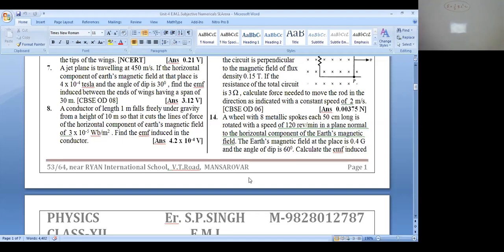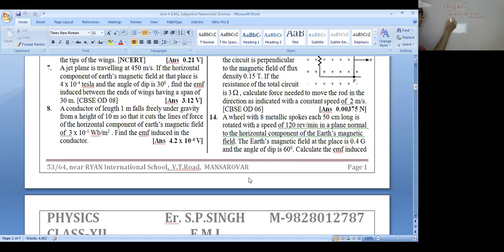In this question, L is given as 50 centimeter, converted into meter 0.5 meter, and B is given as 0.4 Gauss. Convert into Tesla: 0.4 × 10^-4 Tesla, because in SI units 1 Gauss is 10^-4 Tesla.